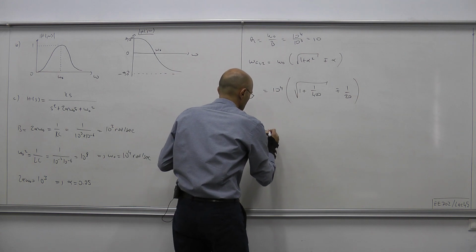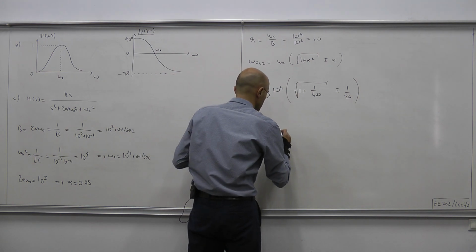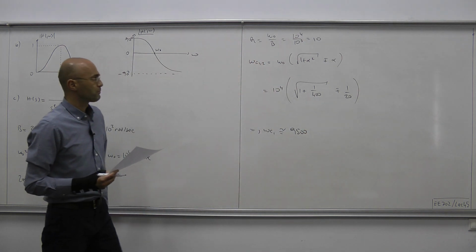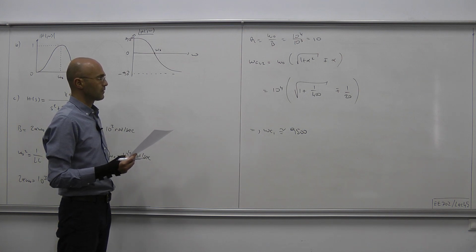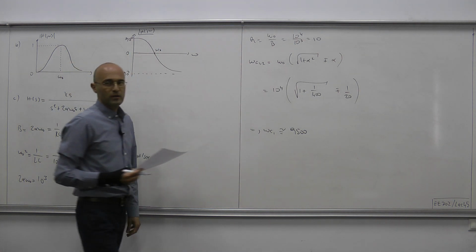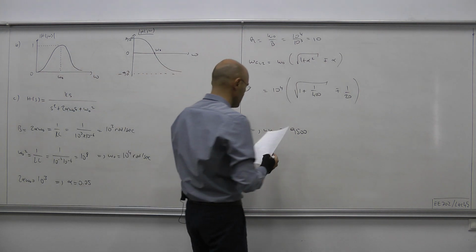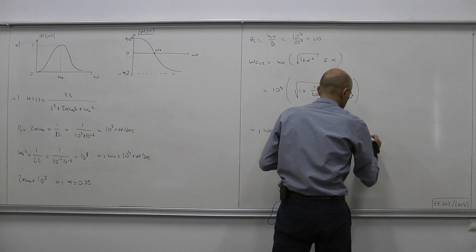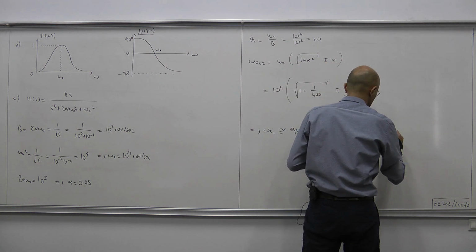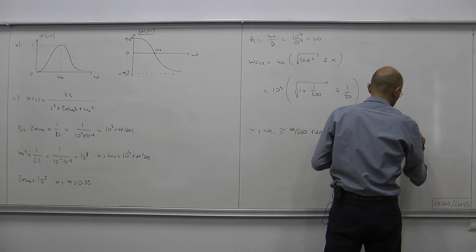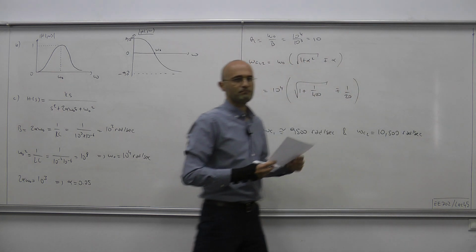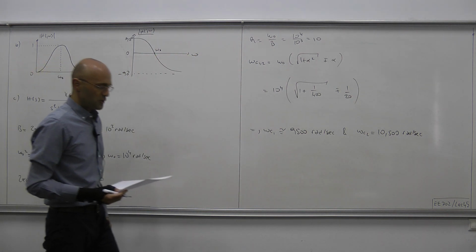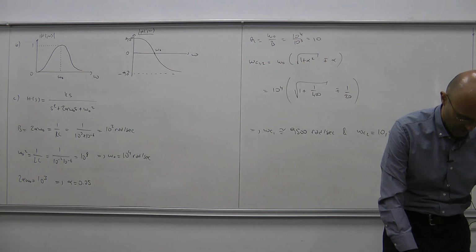Hence, the cutoff frequencies are approximately 10,000 plus minus 500 radians per second. Omega C2, the larger cutoff frequency, is at 10,500 radians per second. Now let's move on to our next example.